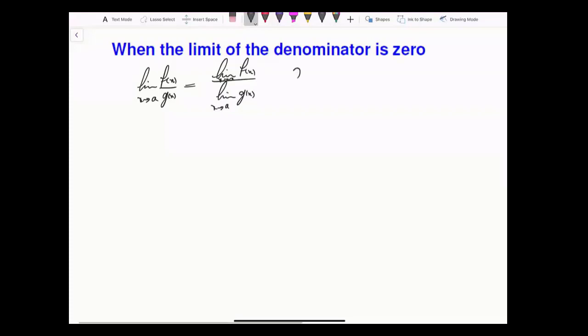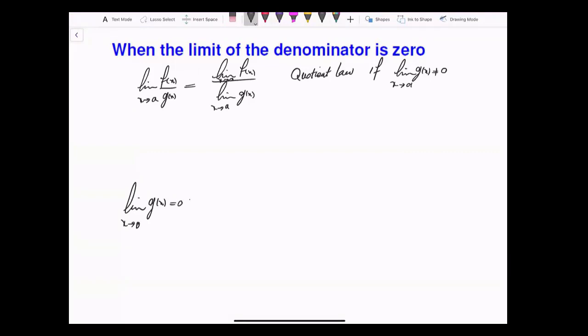This is not what we call the quotient law. The quotient law is true only if the limit of the denominator is non-zero. What if the limit of the denominator is zero? Well, we cannot use the quotient law. That's the first thing. If it is zero, we should forget the quotient law.